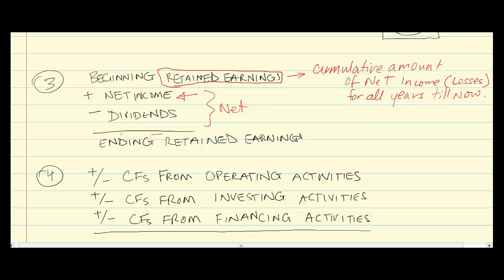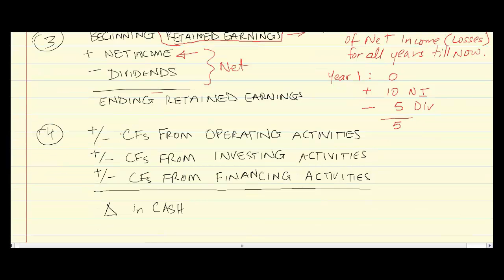So if in year one you started with 0, and you added net income of, let's say, 10, and then take away a dividend of 5 that you declared, 10 minus 5 is 5. So your ending retained earnings for that year would be 5. And it's tracked year over year. So in year 2, this would become your beginning retained earnings, and you go through the entire process once more.